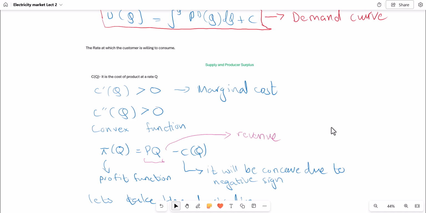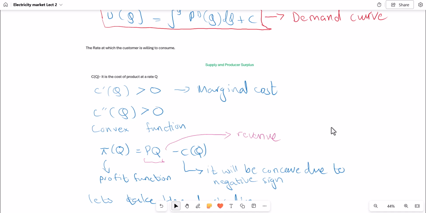You can consider these as, for example, you are a generation department, or you produce electricity, and you are producing x amount of quantity, but during that production you are told to produce more. Of course it will take more cost, so that's why the first derivative is greater than 0.